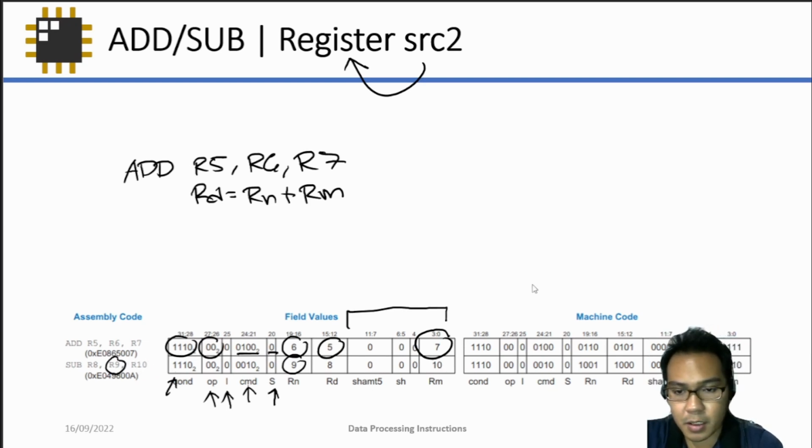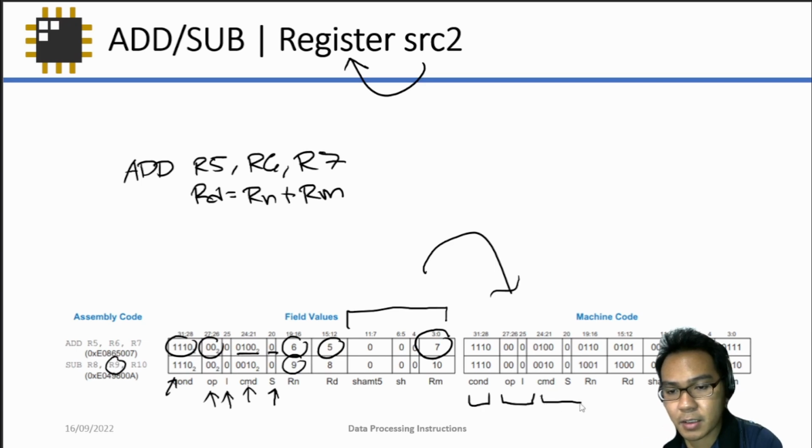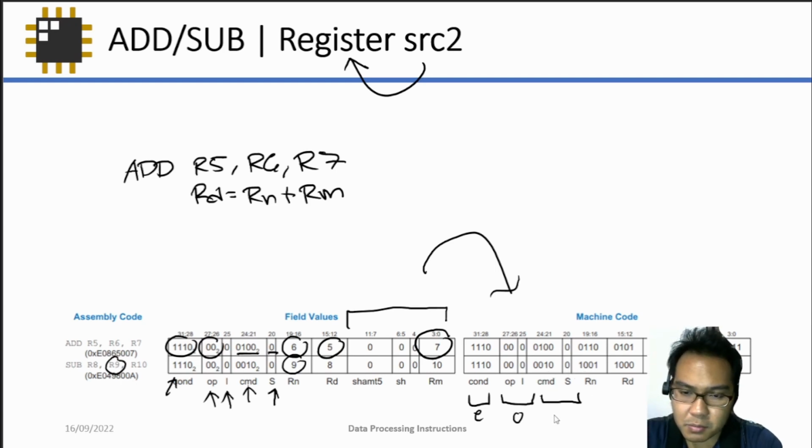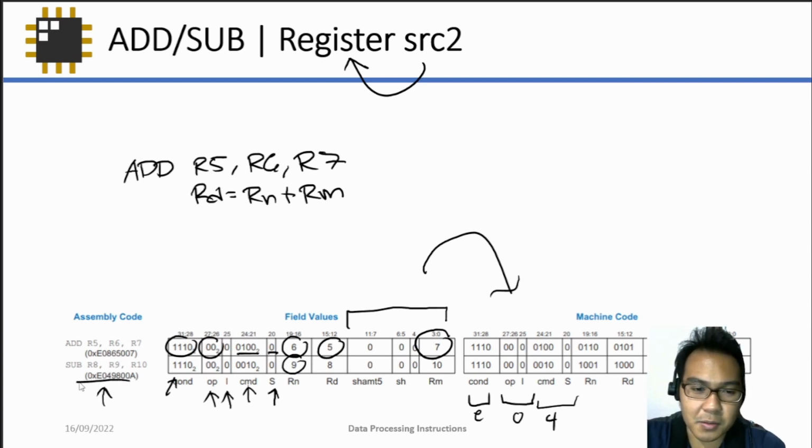That's basically it. If you translate that into pure binary, you get this one. Now, if you group these binaries into sets of 4, you get E0, then 1001, which is 8 plus 1, 9. Okay, it seems I was wrong about that. That's a 4. I grouped way too much over here. Anyway, you get E04, which is also the thing over here. This is the compact way you write the machine code in hex.